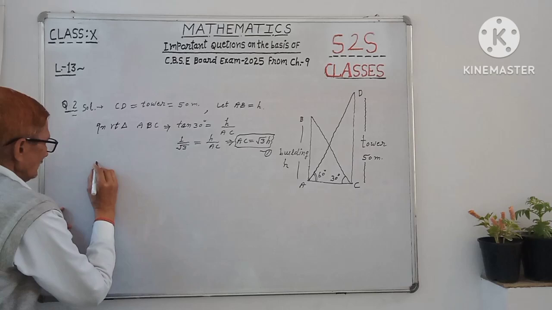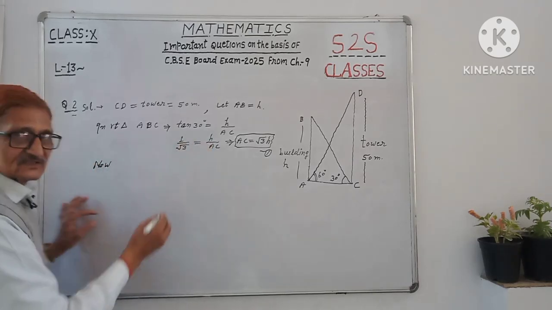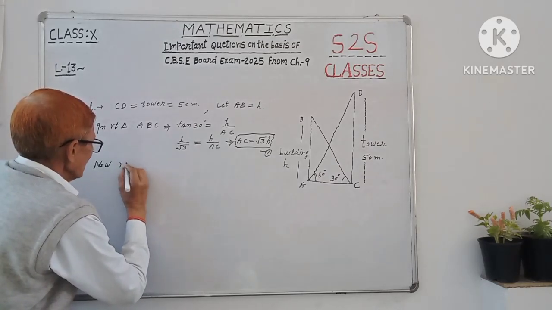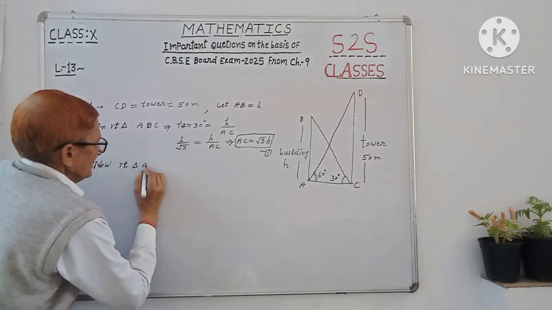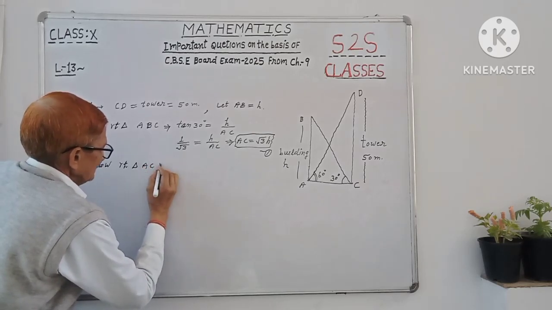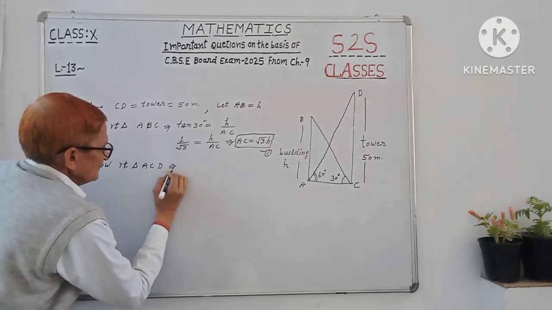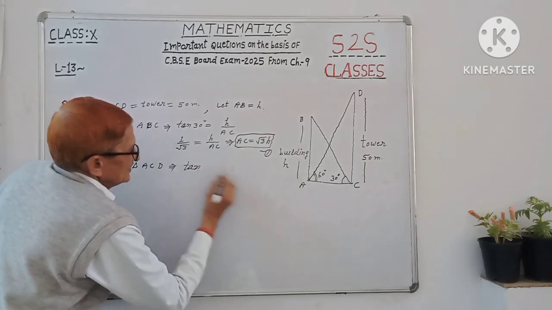Okay. Now in the second right triangle, always in a question like this there are two right triangles. Then in right triangle ACD, CD is the tower. Now tan theta, theta here is 60 degree.